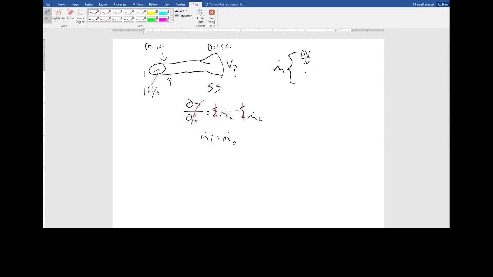Or we can look for some place with more than one inlet, more than one outlet, and do the first law. Or we can look for some place where we know the power or the heat transfer and do the first law. These two are off the table, but they give us enough information to find the area, that's probably pretty good.